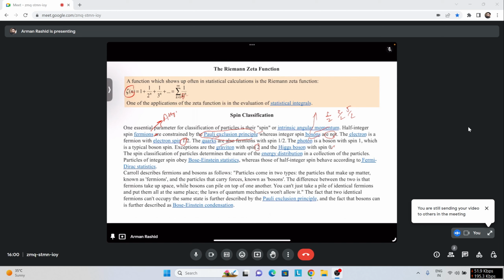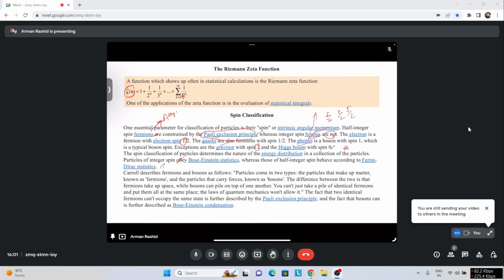The spin classification of the particles determines the nature of energy distribution. As I told you, because of that spin there is a different energy distribution for different particles. Those particles which have integer spin, that means bosons, obey Bose-Einstein statistics, whereas those with half integer spin obey Fermi-Dirac statistics.